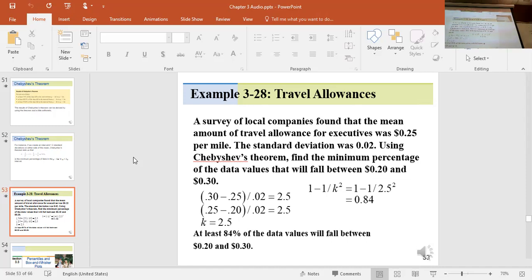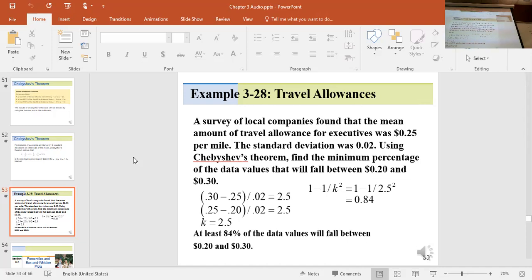So, and what is the mean? $0.25. So we have here that 0.25 minus 0.02 times k is less than or equal to x less than or equal to 0.25 plus 0.02 k.